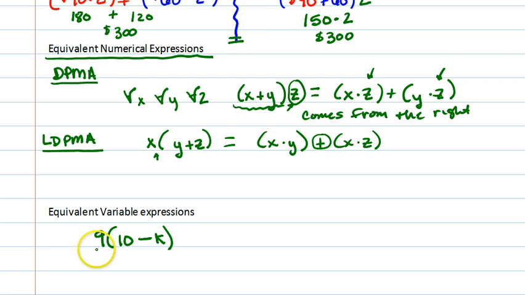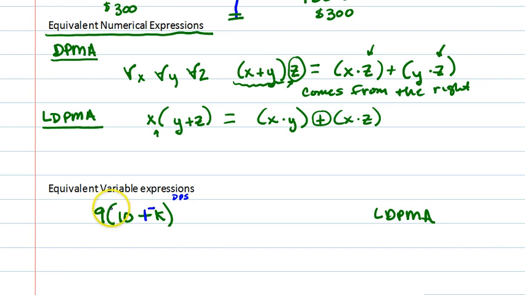Notice my 9 is on the left, that's being multiplied. So I'm going to need to use the left distributive principle of multiplication across addition for this one. But notice it's not multiplication across addition, it's multiplication across subtraction. So let's start by writing this as an addition problem. We're going to DPS it, or use the definition principle of subtraction. So we're going to add the opposite of k.